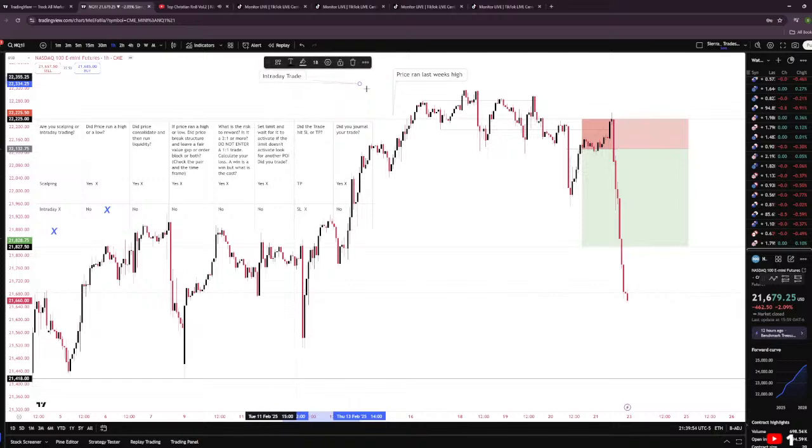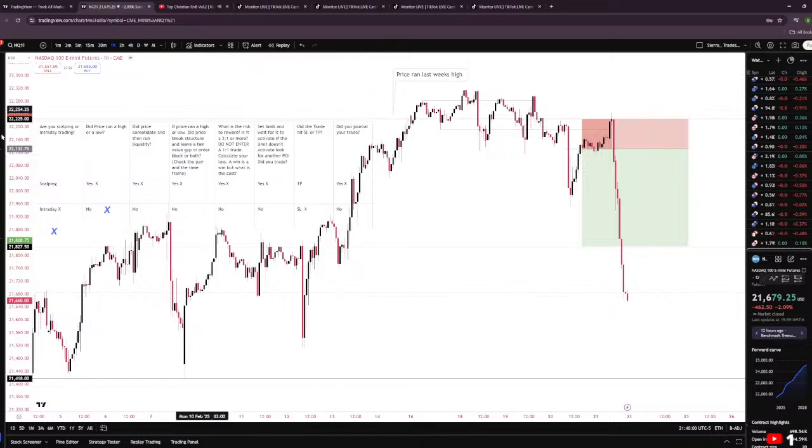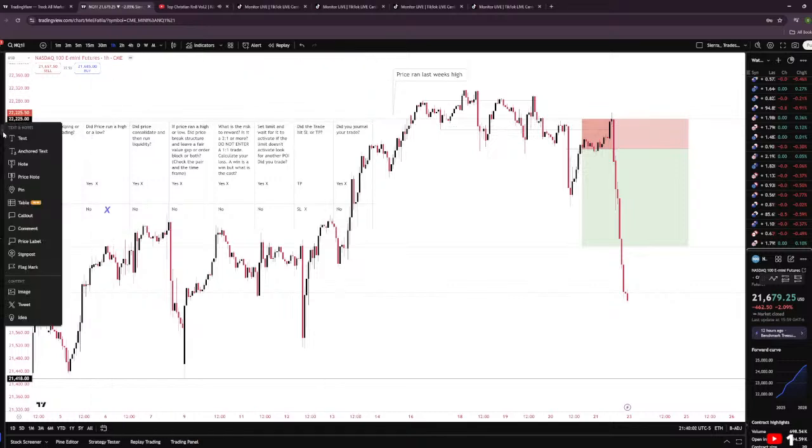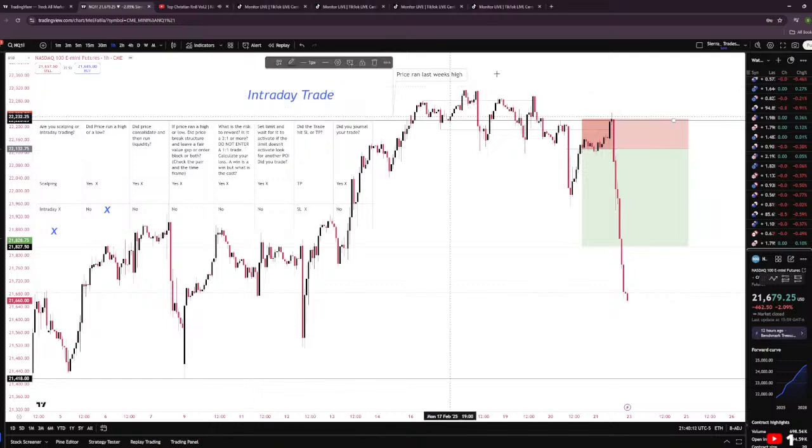Let's move this over here. I actually want to change it. I don't like that template. Price ran last week's high here.